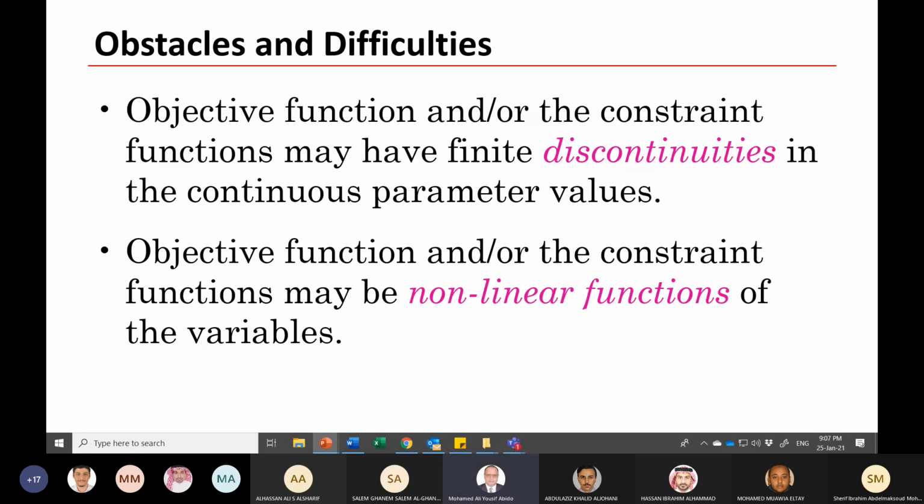The objective function and or the constraint functions may be non-linear functions of the variables. If they are non-linear functions and you need to use linear programming, for example, you have to linearize these functions.